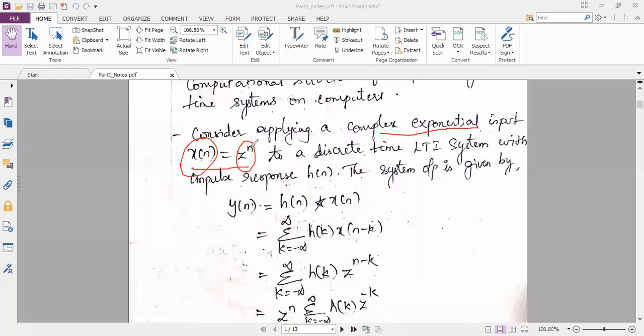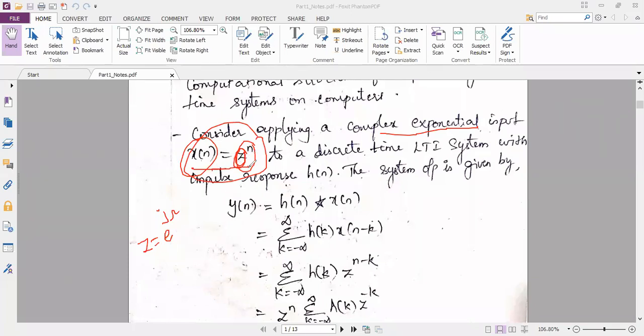But if you see here, z is not obviously a complex exponential. Looking at this equation, you cannot say that z is a complex exponential, but z's expression is e power j omega. So instead of writing e power j omega n, I am writing z power n.